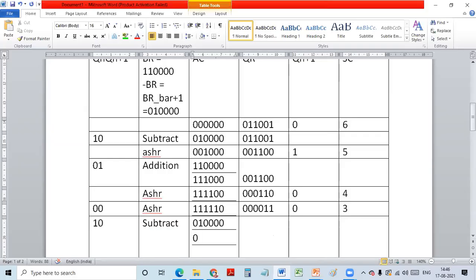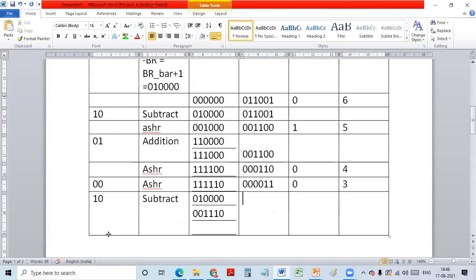So it is 0, 0, 1, 1, 1, 0. Am I right? Yes, ma'am. Okay. The subtraction has happened, and your Q is the same, 0, 0, 0, 0, 1, 1.